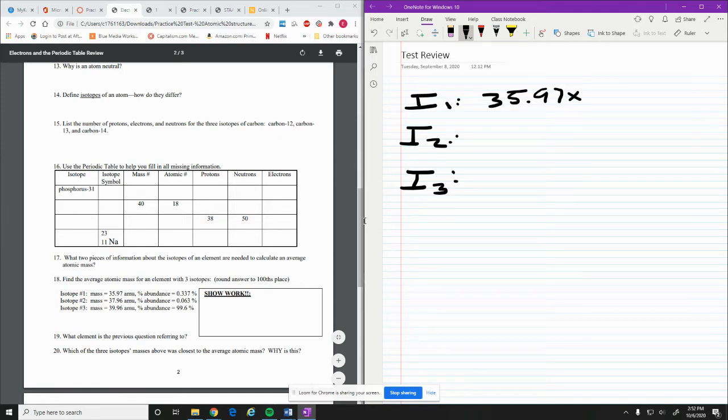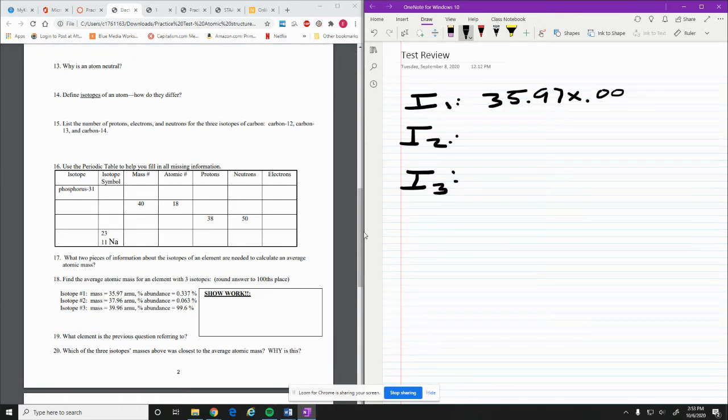They did, okay, I'm going to multiply that by 0.337 percent. You cannot multiply by a percentage. You have to turn this into a decimal by adding 2 zeros in front, moving it twice to the left. So that's 0.00337 equals whatever it equals.